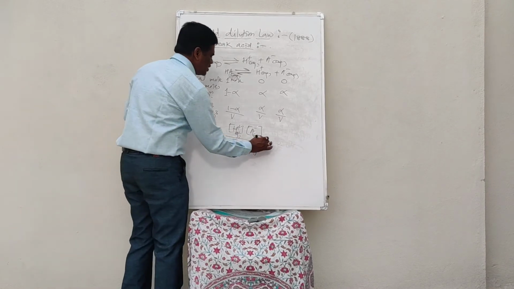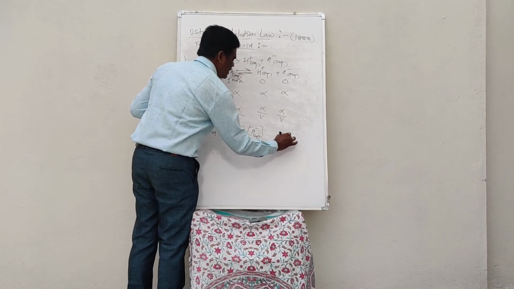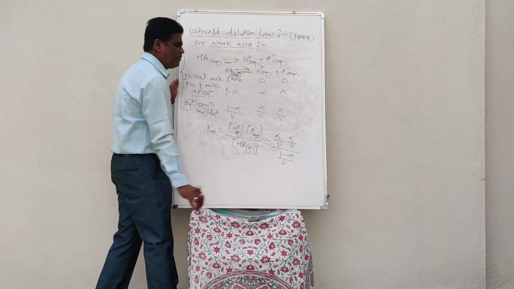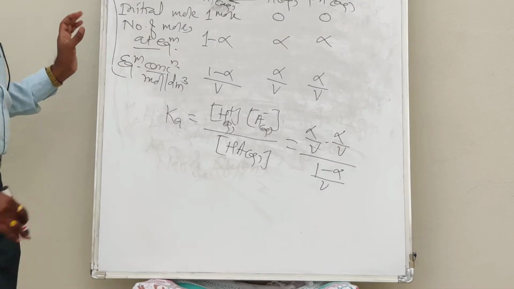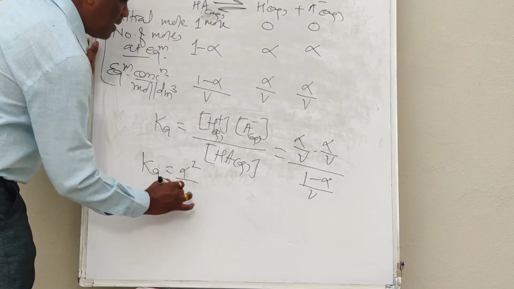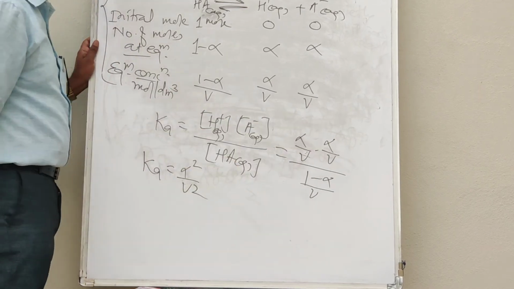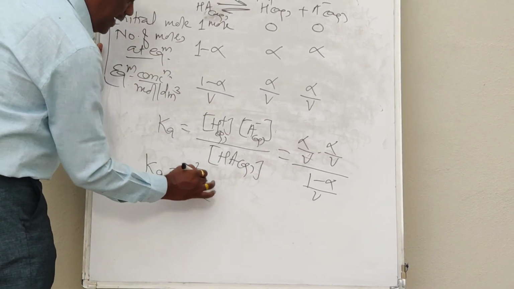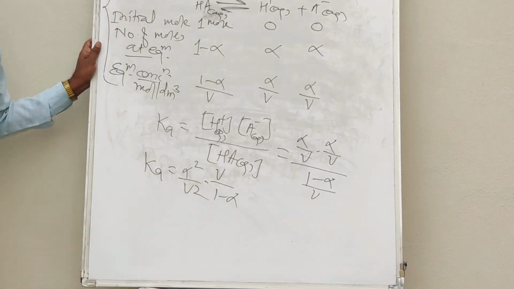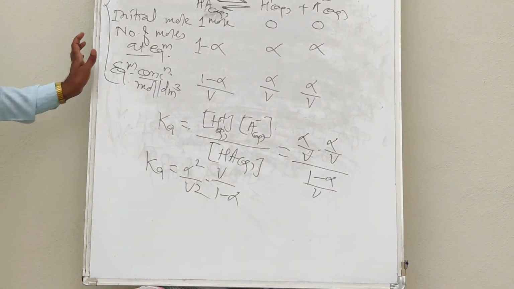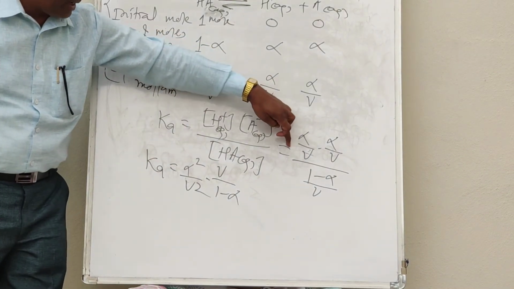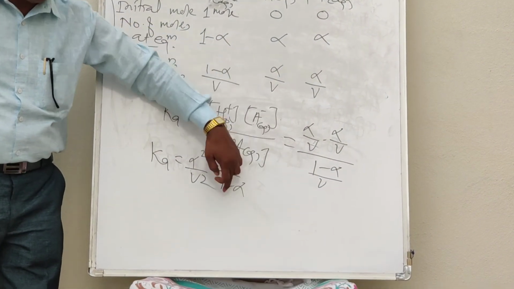And therefore you can put this value and write alpha by V into alpha by V divided by 1 minus alpha by V. Now solving this equation, Ka is equal to alpha square upon V square into V upon 1 minus alpha.